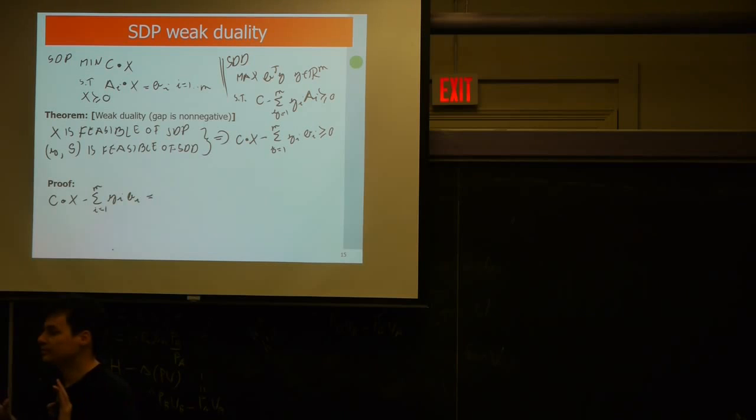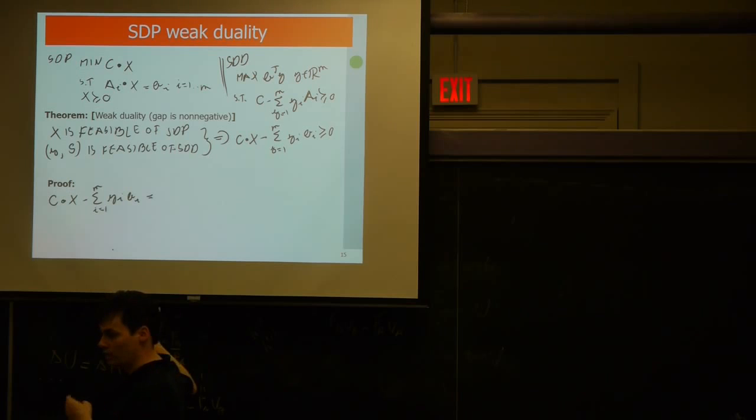Later we will discuss good algorithms to solve this. When we think of the primal, our variable is a matrix, but in the dual it's actually a vector. So sometimes it's easier to consider the dual, because you just optimize over a vector.